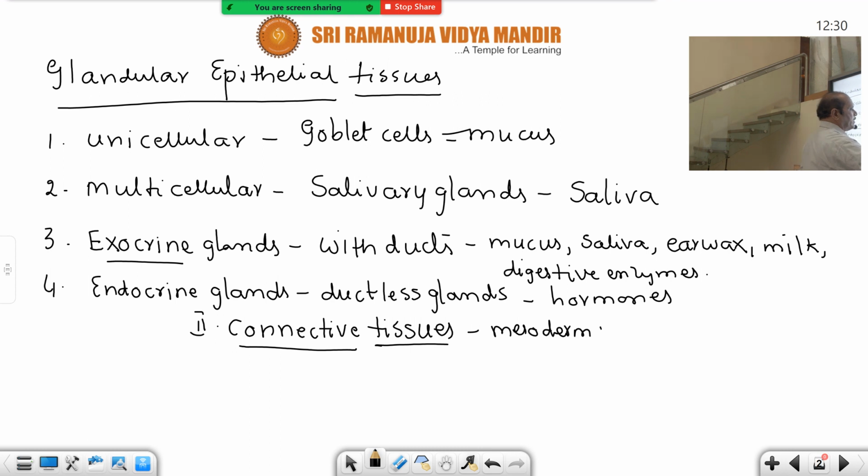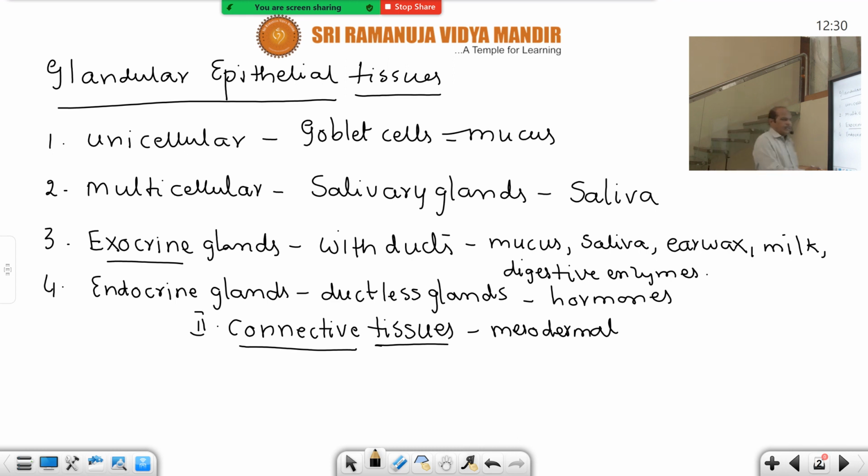Totally, without any exception, the connective tissues are always derived from the middle germ layer, that is mesoderm. Whenever you come across meso, it refers to middle.